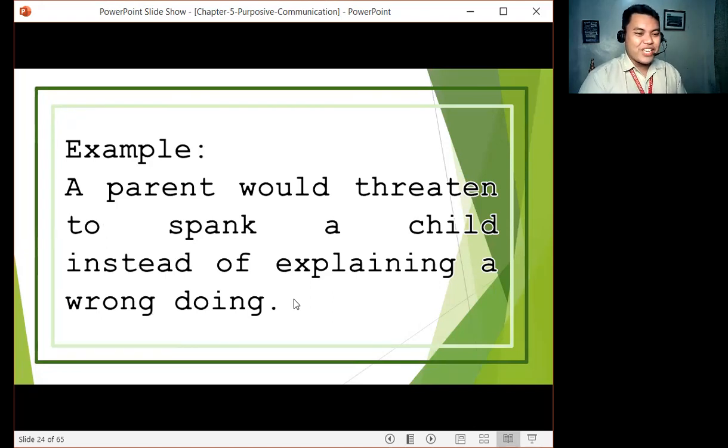We already encountered this, that instead of explaining our flaws, we somehow experienced the threatening spank, the threatening stick. So instead of hearing those explanations, we end up crying and experiencing the saddest part of being a child. Okay, that is argumentum ad baculum. So always remember, ad baculum, there is force. Regardless if it's positive or negative, as long as there is force, okay, that is ad baculum.